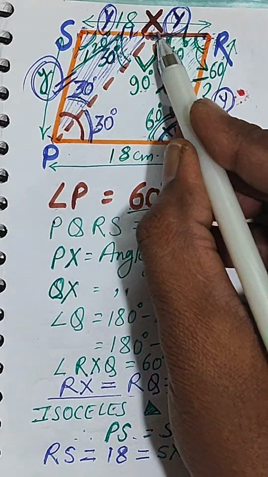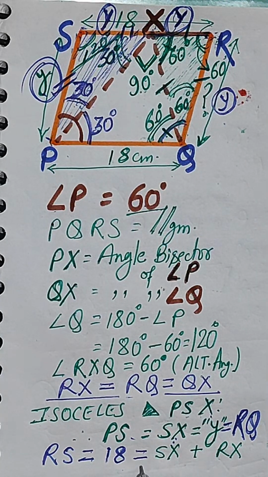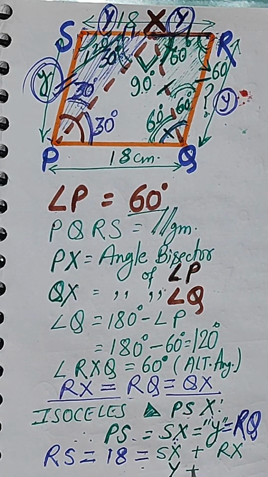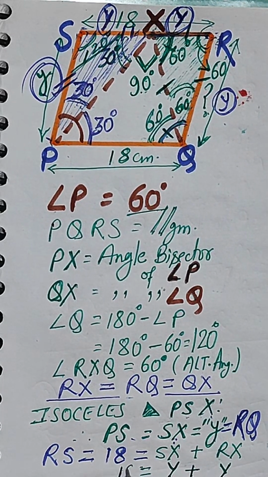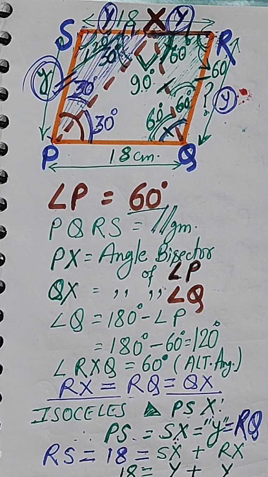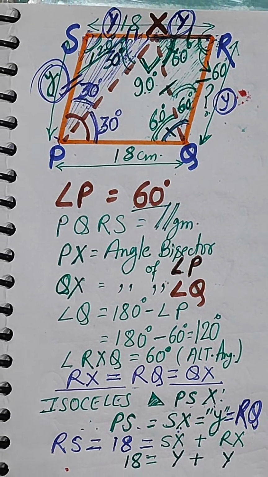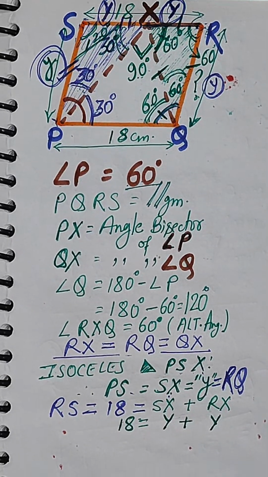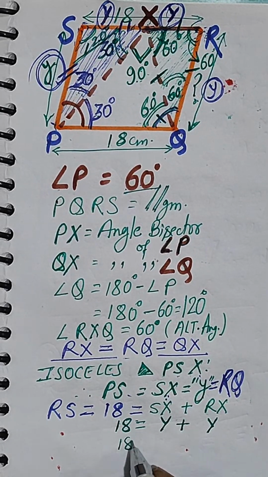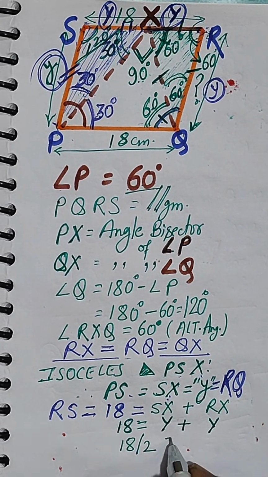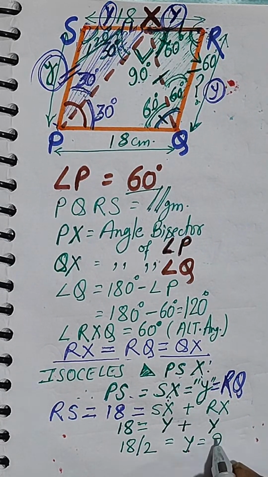SX is Y and RX is Y. So we can say that Y plus Y is coming as equal to 18, right? This will give you 18 by 2 as the value of Y, which is coming as equal to 9.